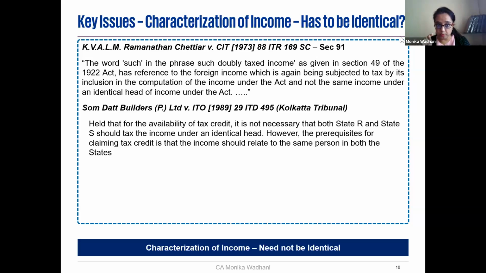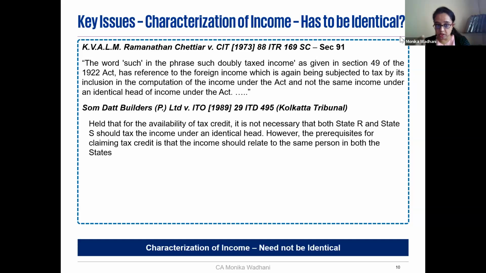And we have a Supreme Court ruling and tribunal ruling in support of this contention. The Supreme Court ruling in the case of KVALM Ramanathan Chettiar held that the word 'such' in the phrase 'such doubly taxed income' — this was in the context of Section 91, that is Section 49 of the 1922 Act — has reference to foreign income which is again being subjected to tax by its inclusion in the computation of income under the IT Act, and not the same income under an identical head of income.